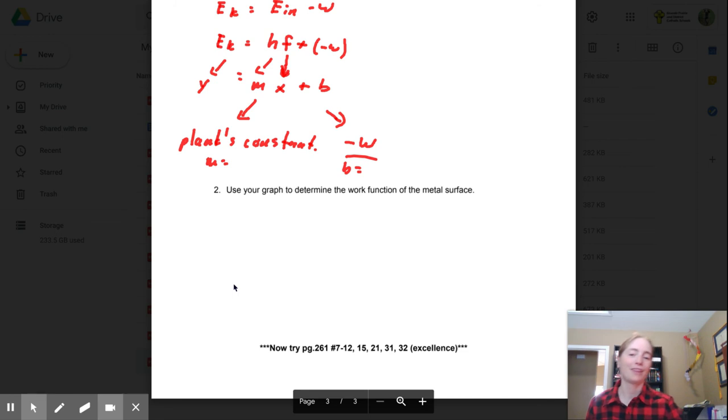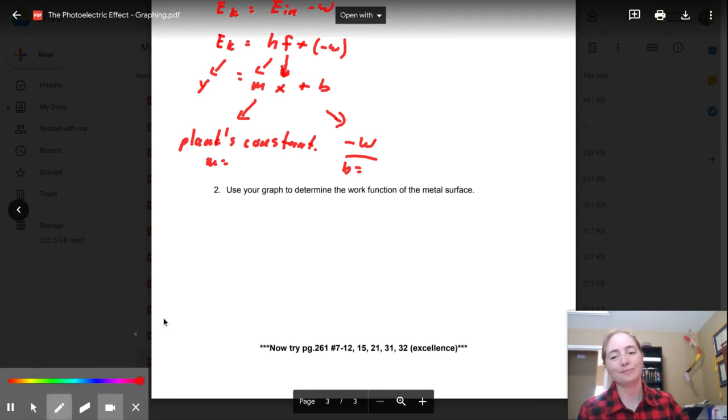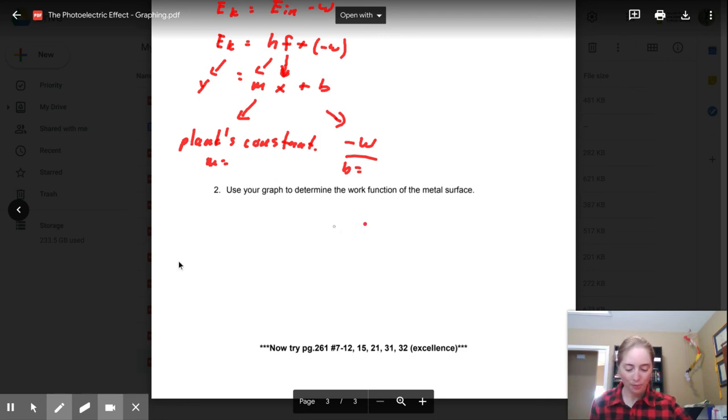Okay, so use your graph to determine the work function of the surface. Well, based on the graph I drew, not on here, the graph I drew off of the screen before I made the video, I got a value of b of negative 2.20 electron volts.